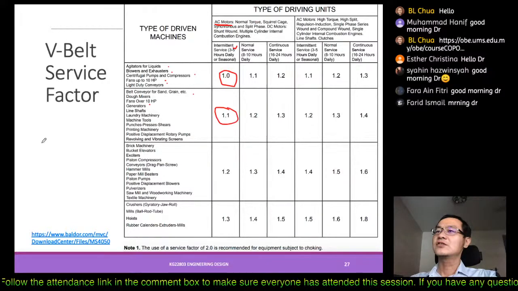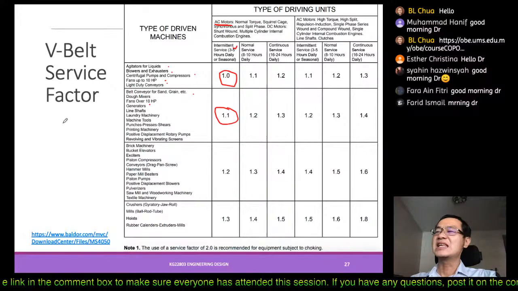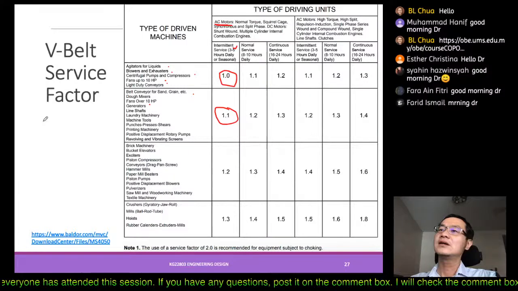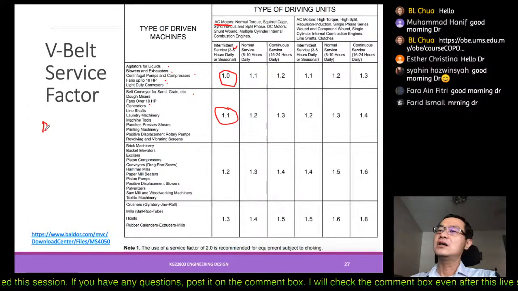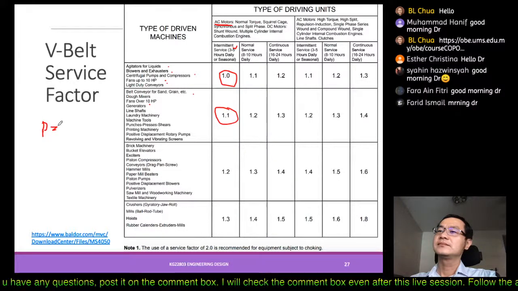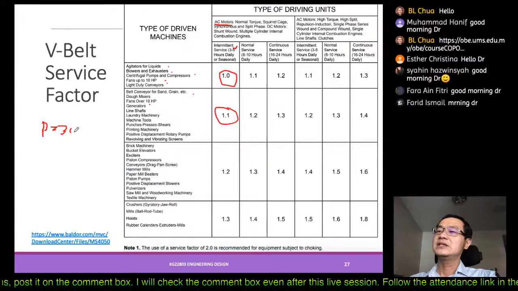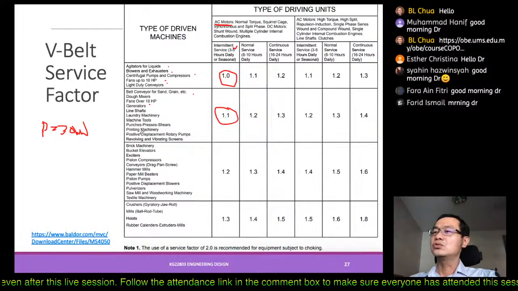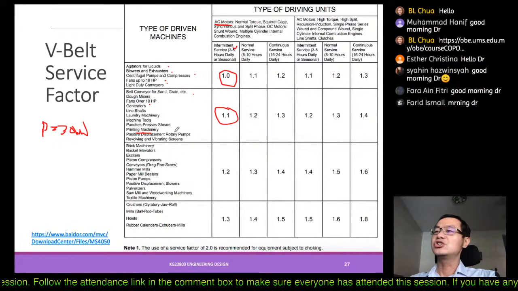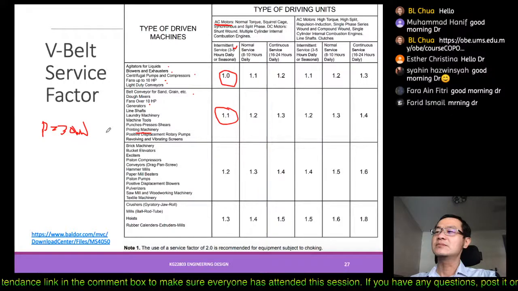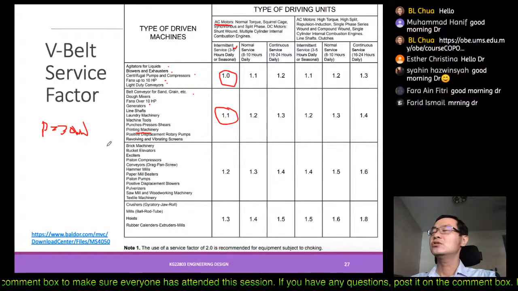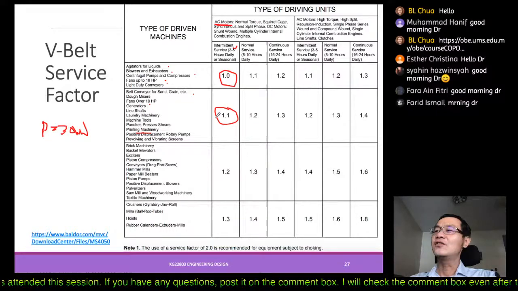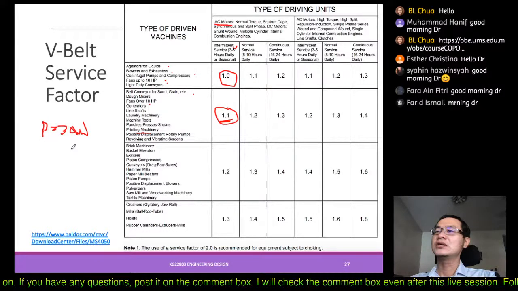So this service factor is similar to a safety factor. If you intend to drive a power of 30 kilowatts, and you are using it for a printing machine, where there is maybe a small shock, a jerking, that's why we will select 1.1, so we just multiply by 1.1.